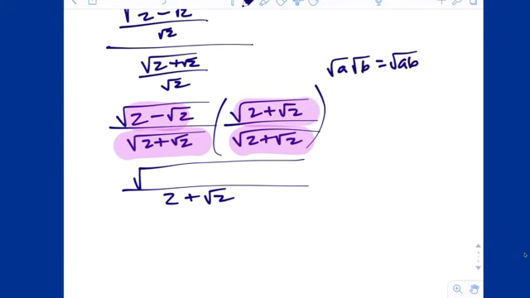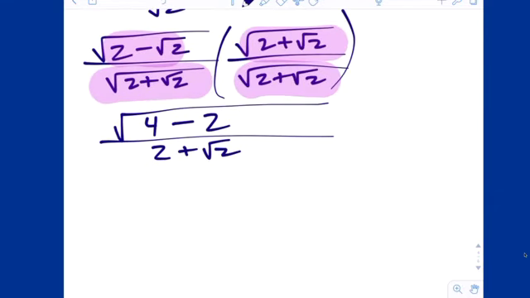If I put them under the same radical, and I expand them, 2 times 2 is 4, and then minus 2 square root of 2 on the inside, plus 2 square root of 2 on the outside, those cancel, and I'm left with minus square root of 2 times square root of 2 is 2. So that's putting the top under the same radical and distributing. So now if I simplify, I get the square root of 2 all over 2 plus the square root of 2.